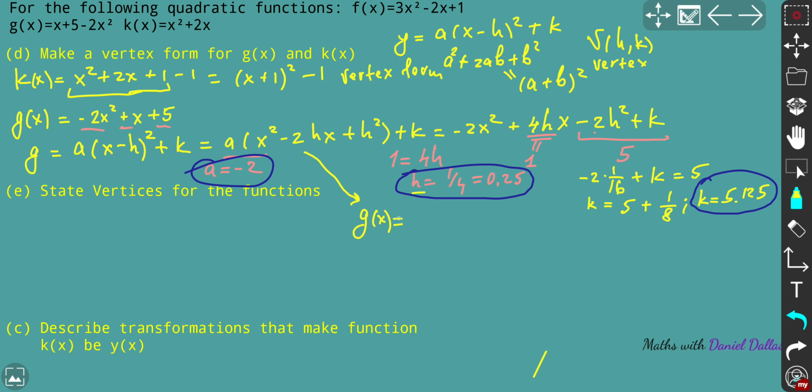Sorry, not the general, but the vertex form. So it's a, which is negative 2, multiplied by x minus h, so x minus 0.25, squared, and on top of that I add k, which is 5.125. Okay, so that's the final equation for vertex form for g.